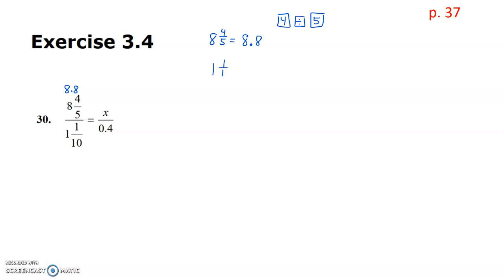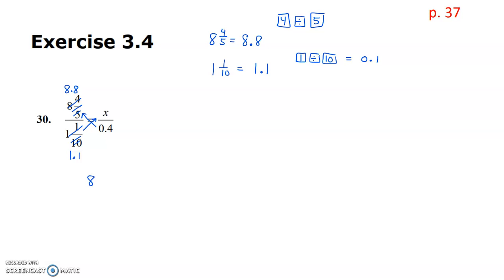1 1/10 is equal to 1 point, and then we take 1 divided by 10, which is going to give you a decimal of 0.1 or 1/10. So you're going to have 1.1. Now that we've changed our fractions or mixed numbers to decimals, we can go ahead and use our cross multiplication method.